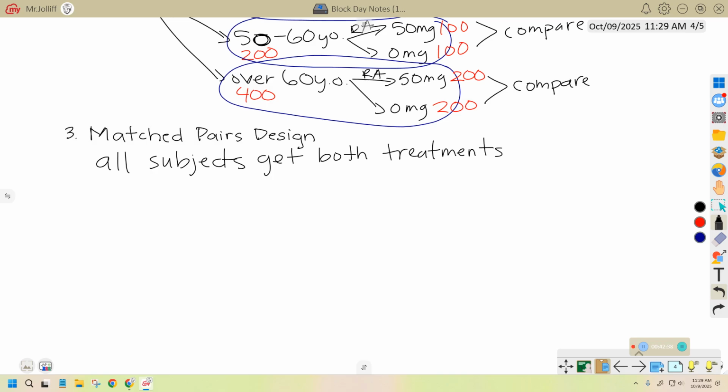And if they're all getting both treatments, how do I do random assignment? And the answer is the random assignment determines the order that they take the treatments in. So random assignment determines order of treatment. Meaning about half of my subjects will get the sugar pill first, the other half will get the Actimed first.